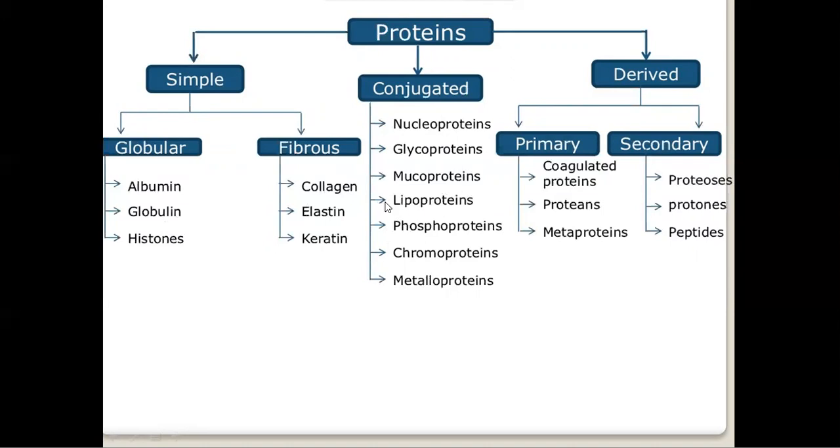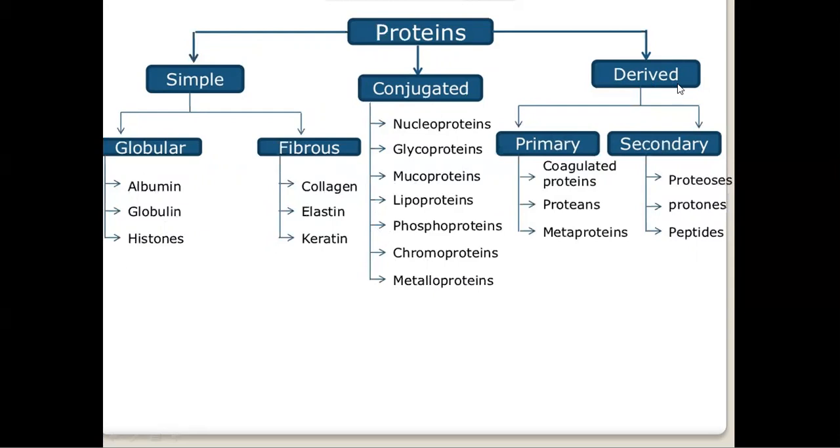In lipoproteins, the lipid is the non-protein part. In phosphoproteins, phosphate ions are the non-protein part. In metalloproteins, metal ions are present as the non-protein part.